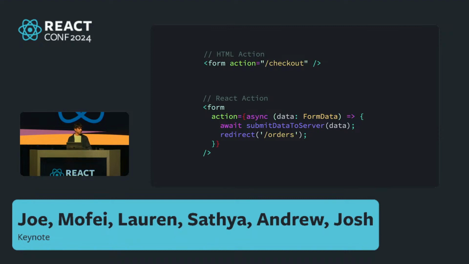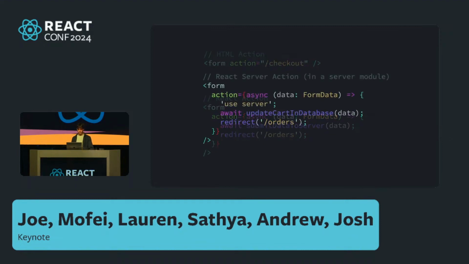By using an action function instead of a URL, you can define the behavior of the action directly inside your component. And now notice there's nothing special about an action function. They're regular functions. You can compose them, you can write abstractions for them, the same way you would any other function. You can define the action on the client, or if you use a server component framework, you can define the action on the server via the use server directive and access your data layer directly.